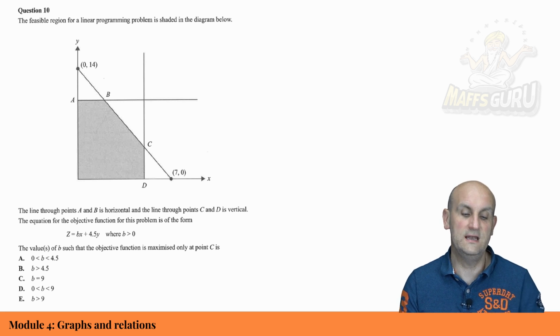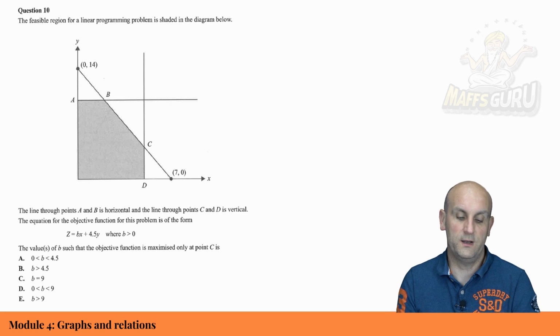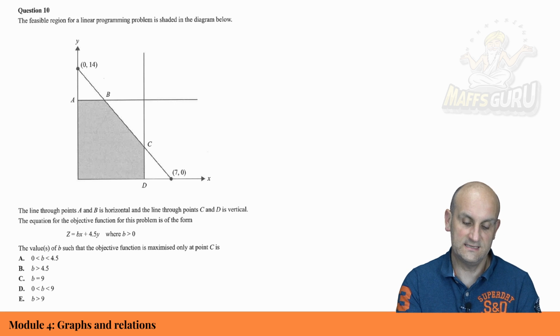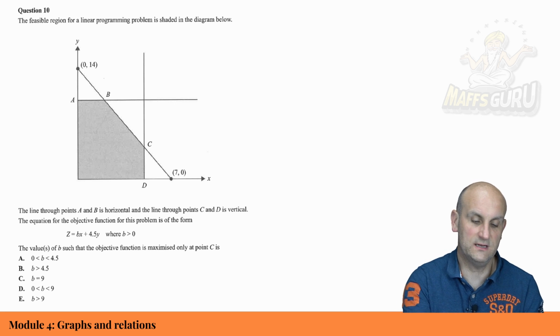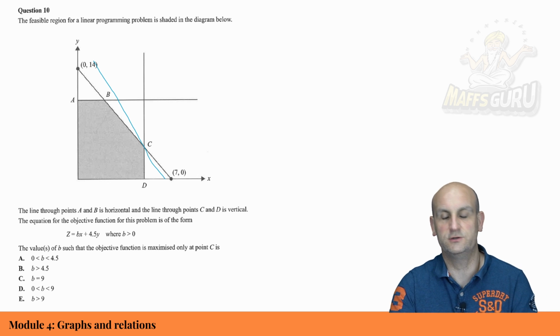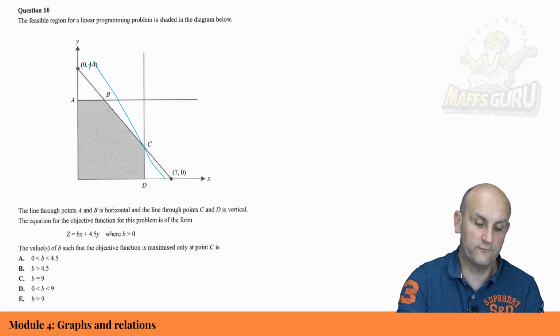The feasible region for a linear programming problem is shown below. Now, long story short, if C is going to have to be maximized at C, it means that our gradient, our line for our objective function can only hit C. That's the only point it can hit. And obviously there are lots of lines that could be, drawing them.